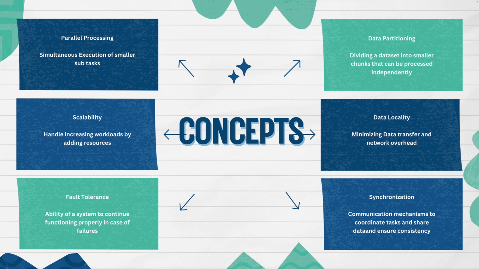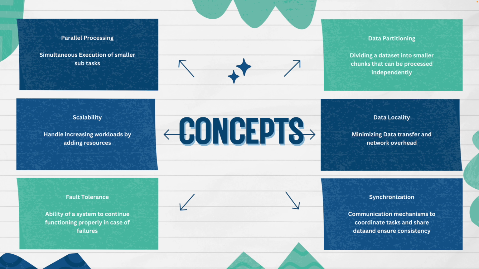Now there is data locality as well. There should be a capability or principle of processing data in the system where it resides or is readily available, so that you don't have to transfer the data or have the overhead of the network. If we maximize data locality, it reduces latency and improves overall system performance as well. So there should be a capability to handle the data locally if it's readily available.